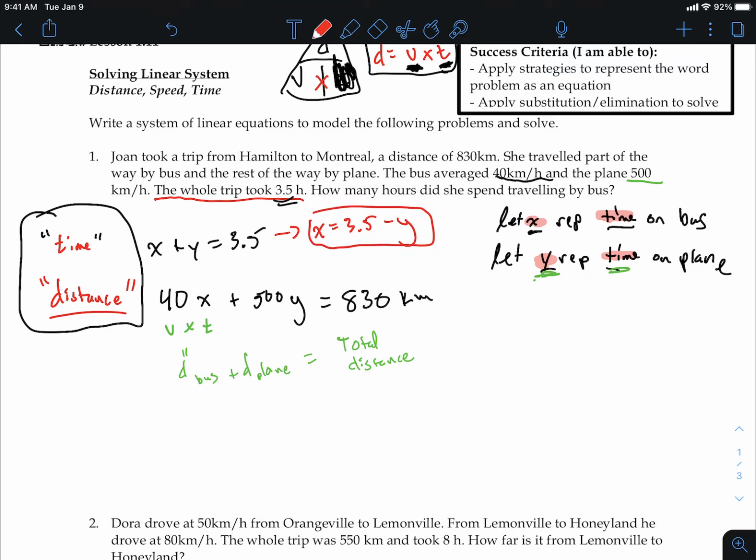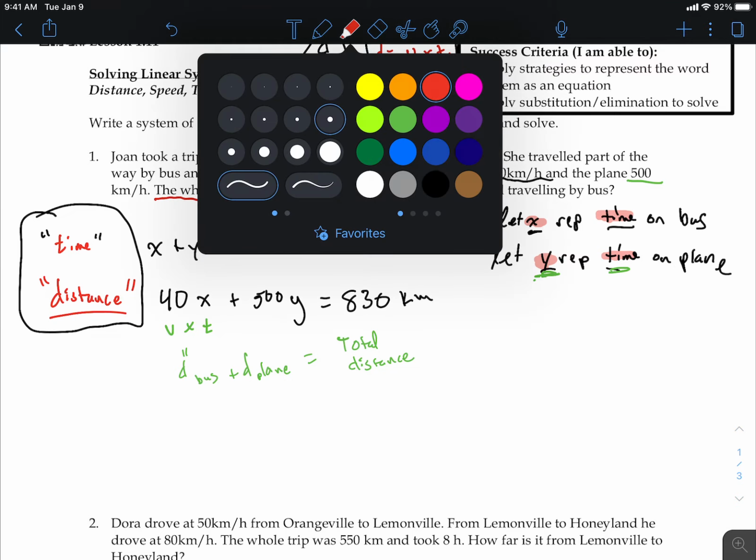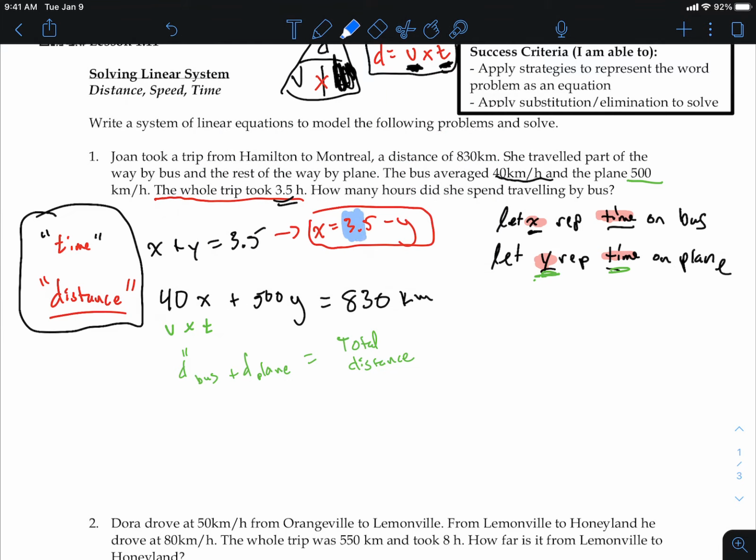That seems a lot easier than trying to get a variable out of these. So now I know what x is. It's going to go right in here. For x, I'm going to substitute 3.5 minus y, because that is x.